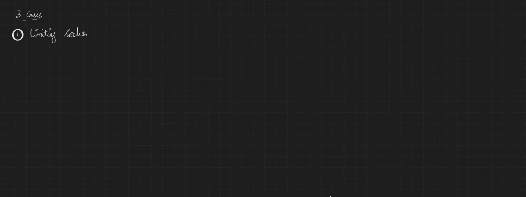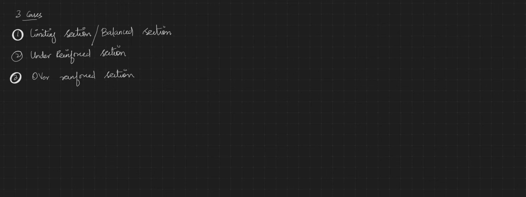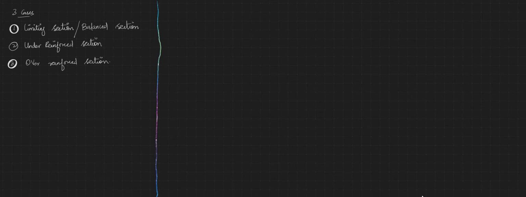First one is the limiting section or balanced section, second is the under reinforced section, and third is the over reinforced section. So we will discuss the three sections in detail. First, we will discuss the limiting section, or balanced section.